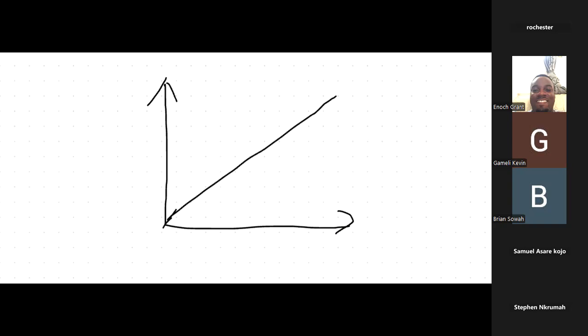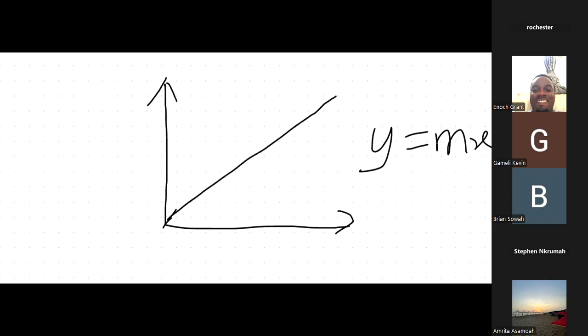If it is passing through the origin, the equation of it is giving us mx plus c, right? So my c is equal to what? Is it equal to 0?